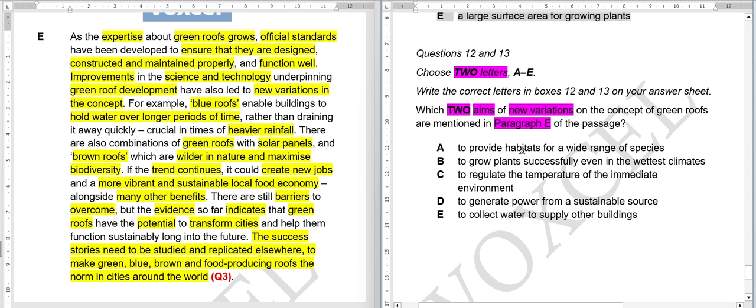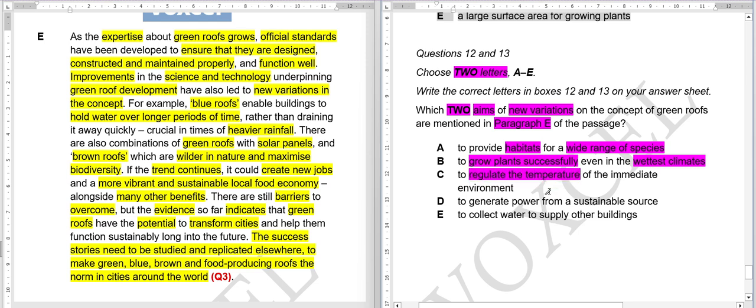A, to provide habitats for a wide range of species. Do we want to provide habitat for a wide range of species? B, to grow plants successfully even in the wettest climate. So we want to grow plants even in those places where the climate is wettest, meaning there is a lot of rainfall. C, to regulate the temperature of the immediate environment.